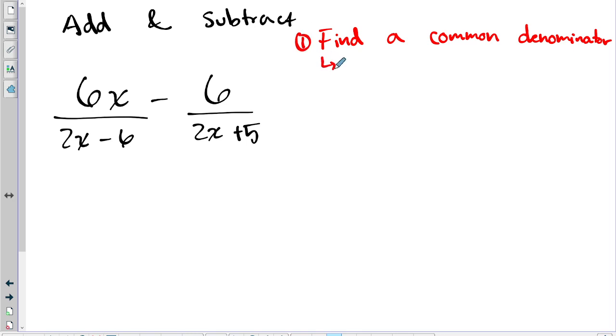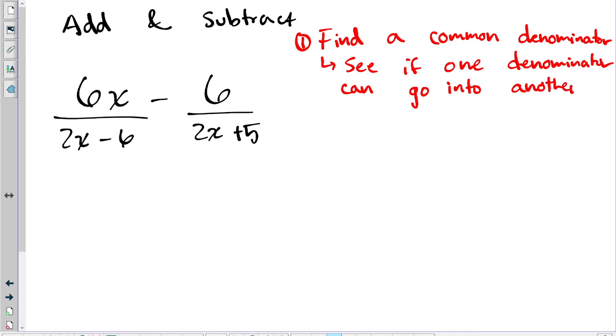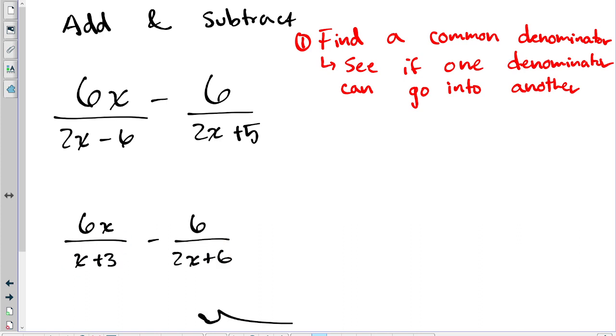And then a subset of that step is see if one denominator can go into another, right? So if, for example, my equation was something like this, 6x over x plus 3 minus 6 over 2x plus 6, I can check that x plus 3 can actually go into 2x plus 6 if I multiply by 2, right? And so that would make finding my common denominator easier.